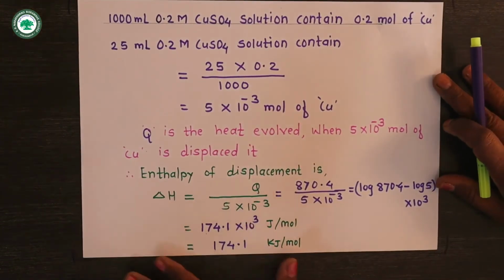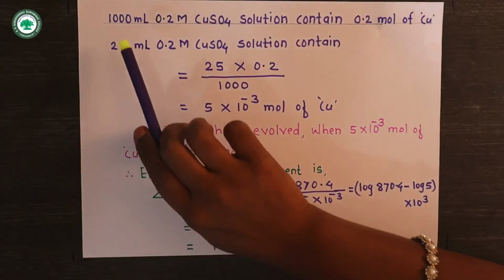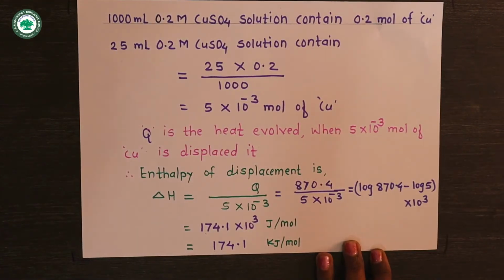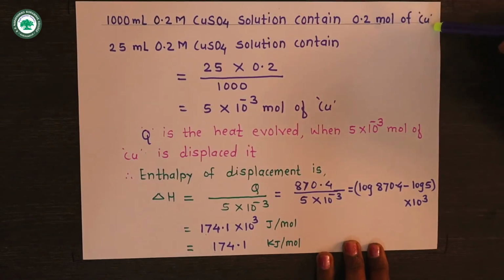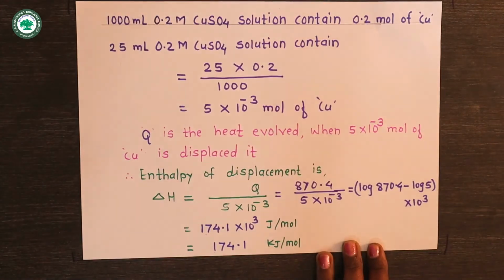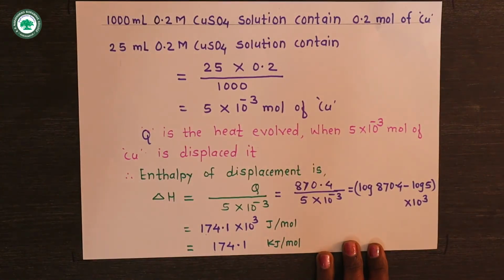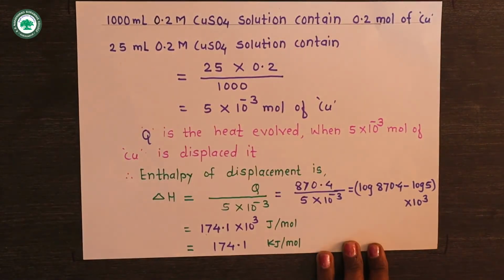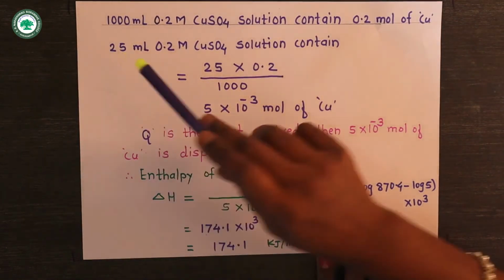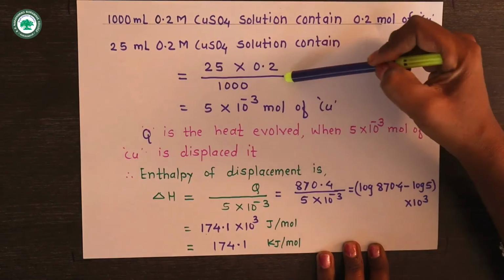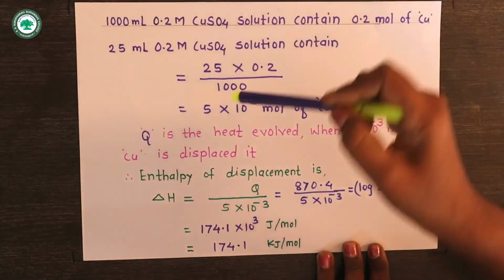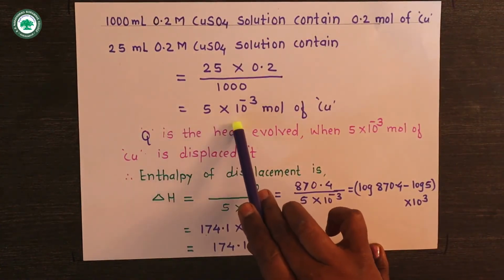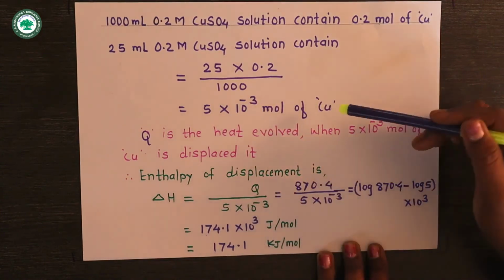Now the next step in the calculation. Now 1000 ml of 0.2 molar copper sulfate solution contains 0.2 mole of copper. This is the standard equation we have to consider. Now in this experiment we have considered only 25 ml of 0.2 molar copper sulfate solution, and so we get the equation 25 into 0.2 divided by 1000, that will give us 5 into 10 raised to minus 3 mole of copper.